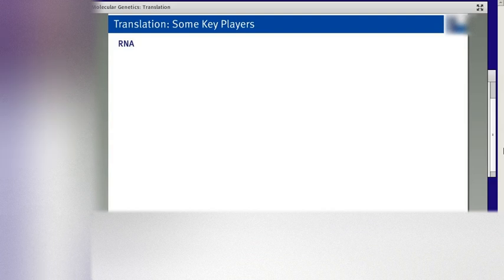Yeah, so we're going to have the 80S overall, but we're going to have the 40 and 60. And so what is the S representing? Yeah, it's just a unit of size, all right? That's just telling us how long it is, so how many pieces are making it up.